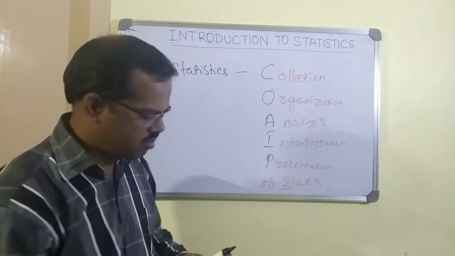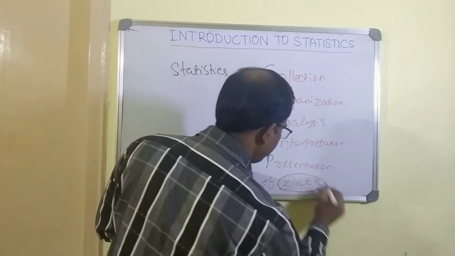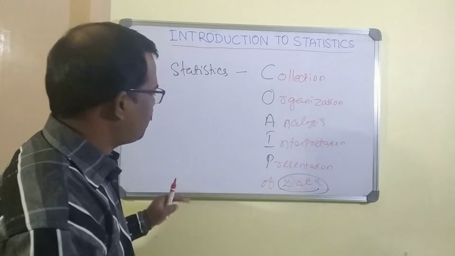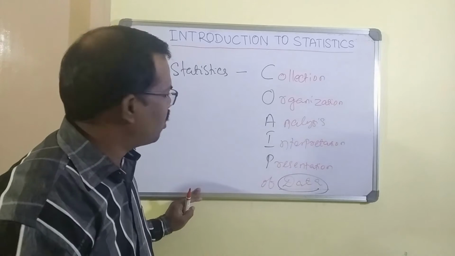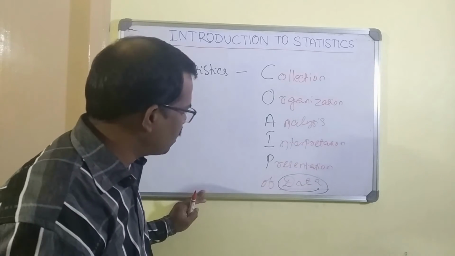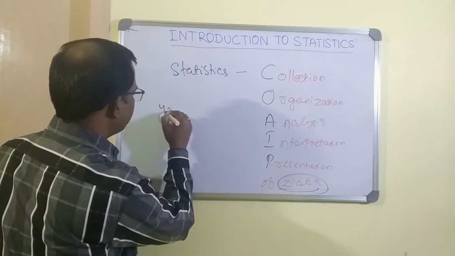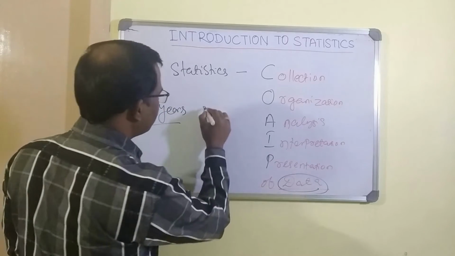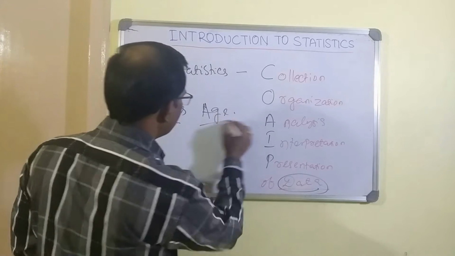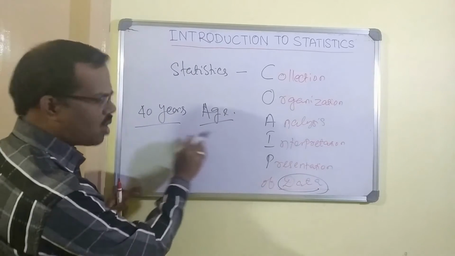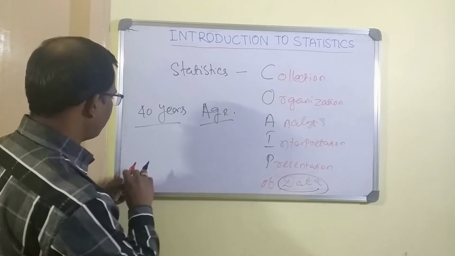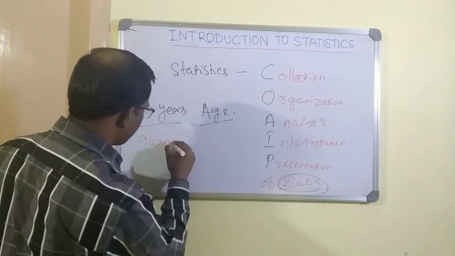Now the question comes, what is this data, right? The data is all over. Let's say I am giving you an example. I will say that my age is 40 years, right? This is my age. So this is giving some kind of information about my age. This is a numerical value which gives some kind of quantitative information.